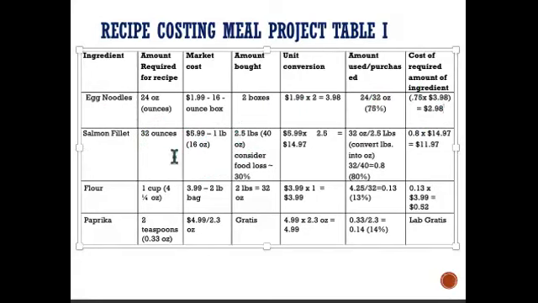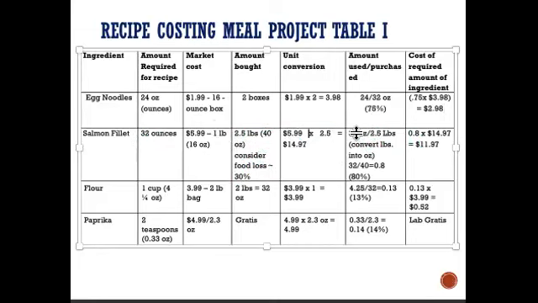But you want to make sure that you have enough salmon, so you are going to buy 2.5 pounds or 40 ounces, because remember, we said that we will need to consider the food loss at 30%. $5.99 per pound times 2.5 pounds equals $14.97, right?